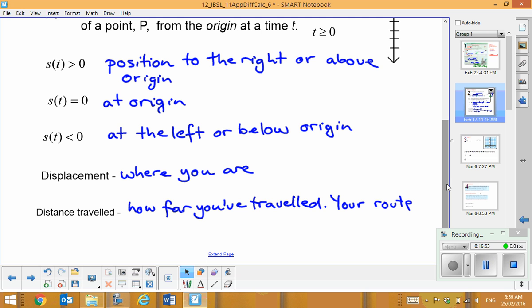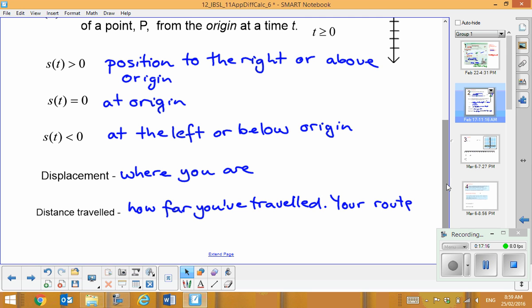If I had finished over here, what's my displacement? Still a step. Minus 1 step. What is my distance travelled? 1 step more than, assuming I'd done my big walking thing, it's 1 more step. So do I put a positive and negative with my distance travelled?